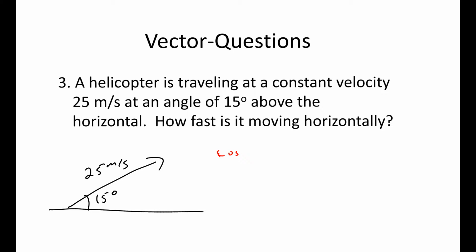So cosine 15 equals adjacent, which is what we're looking for, over hypotenuse, which is 25 meters per second. How fast it's moving horizontally is 24.1 meters per second. You could say horizontally at the end of that, since that's for velocity. Any questions on that one?